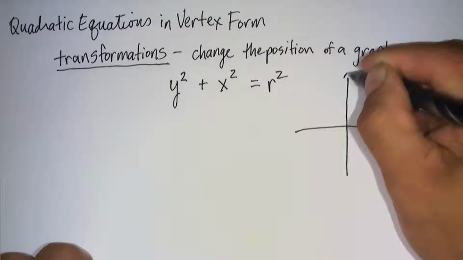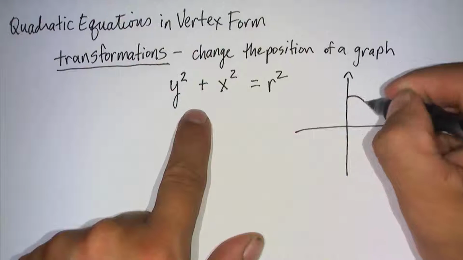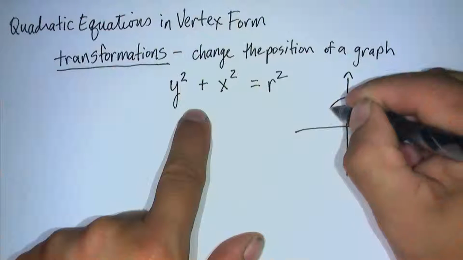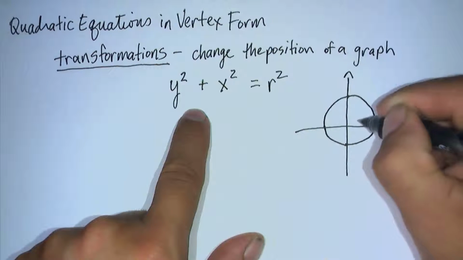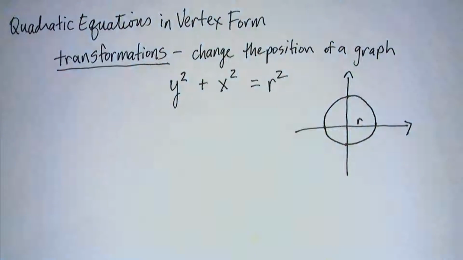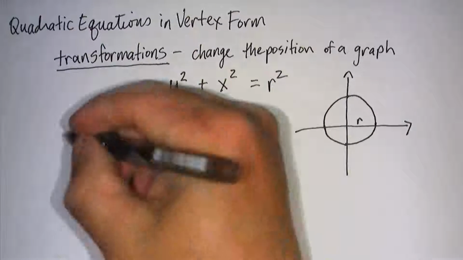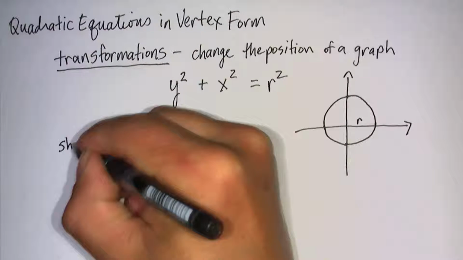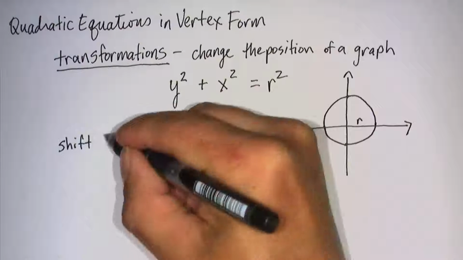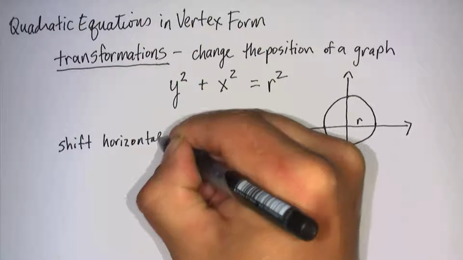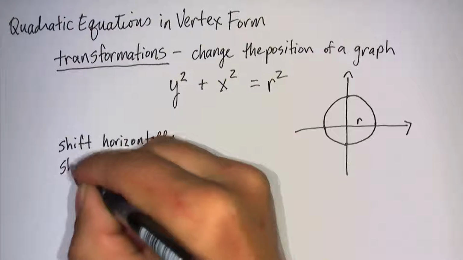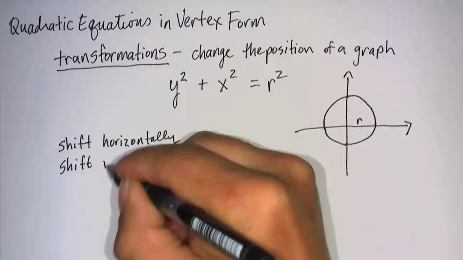So this equation is a circle with radius r. And I didn't draw a beautiful circle, but close enough. Now, if I want to move this circle, we can shift it horizontally, or we can shift it vertically.